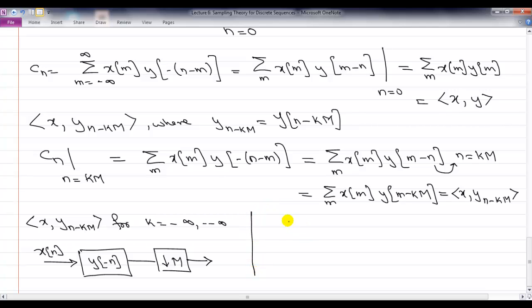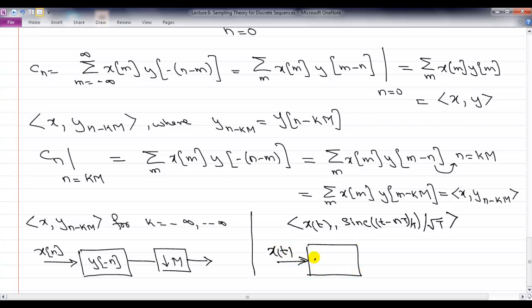In the continuous world, what we did was we had x(t), and we were trying to take samples of the inner product with sinc((t-nT)/T) over square root of T for normalization, and we said that is equivalent to filtering x(t) by sinc(-t/T), where the minus doesn't matter because it's symmetric, and then taking samples every T seconds.